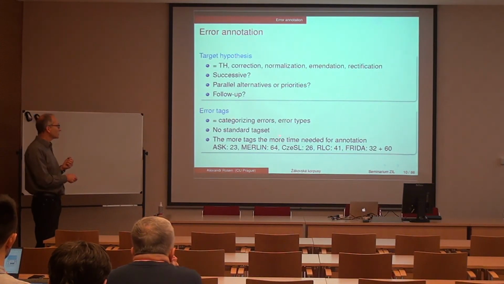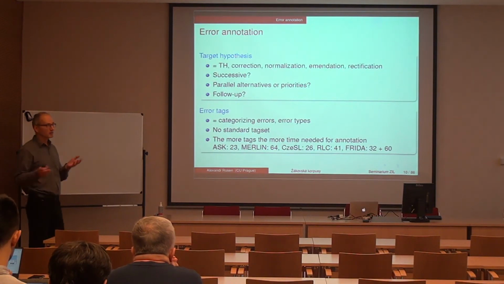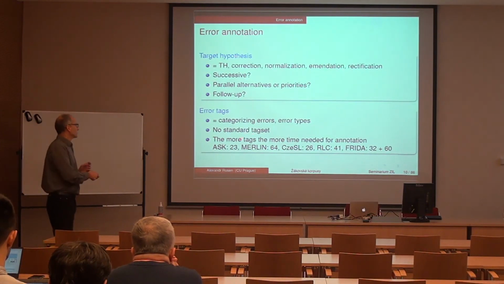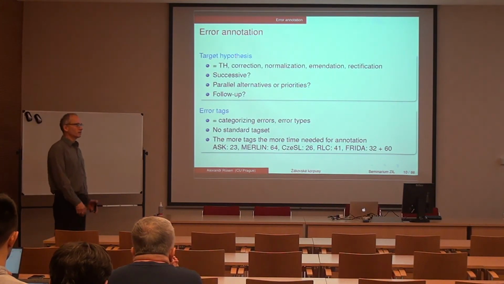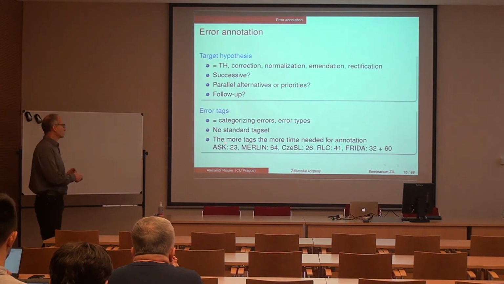And now error tags. I told you it's hard, people don't agree, there is no standard tag set. You can have error tags like agreement or word order, things like that. You see the number of these tags really differs a lot. We have 26.